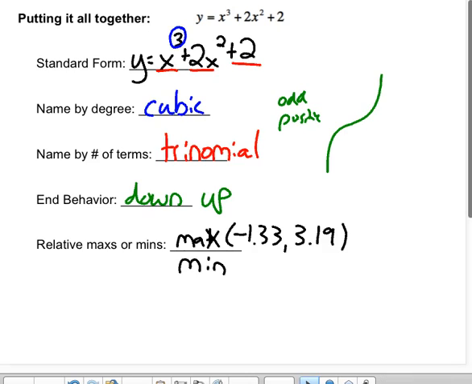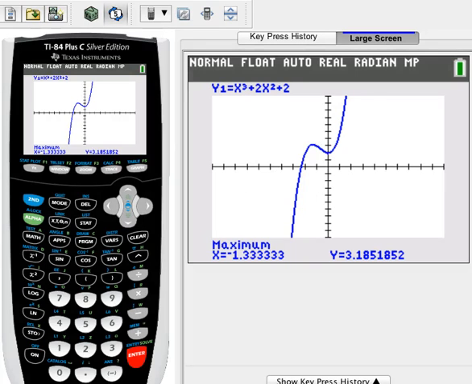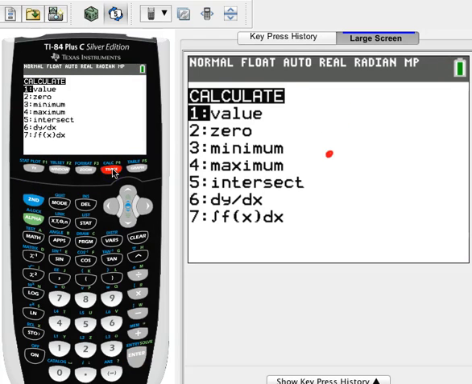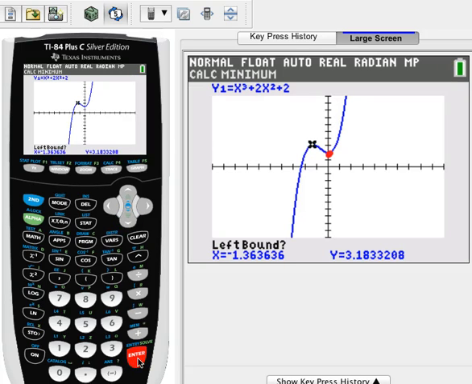So now let's focus on the min. The min is going to be this point right here. So let's go back into calculate and go down to the min. So this time I'm going to surround that point from the left and from the right. All right. So here we have negative 1.3.